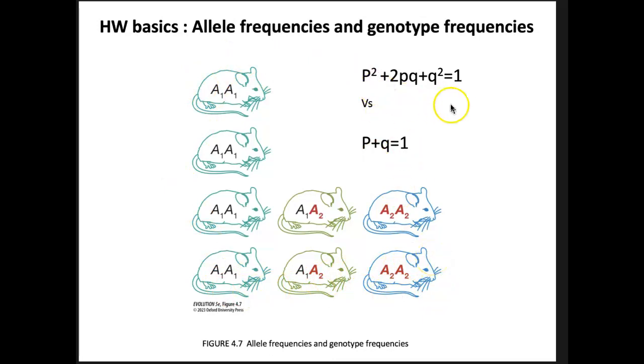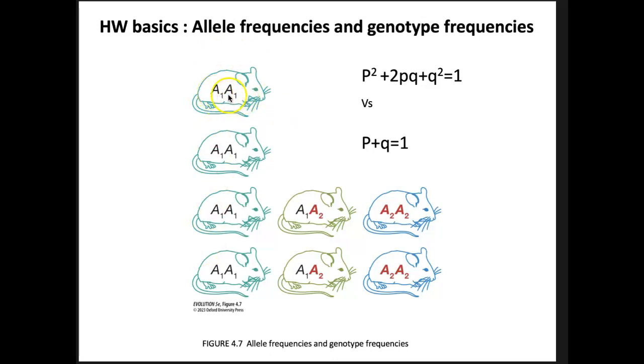and we're going to talk about what each of these terms means. The term p squared refers to the homozygous dominant individuals in the population. That means these are the individuals that have 2 copies of the dominant allele. In our little population here, you can see that our mice have 2 alleles showing, so that's a genotype.